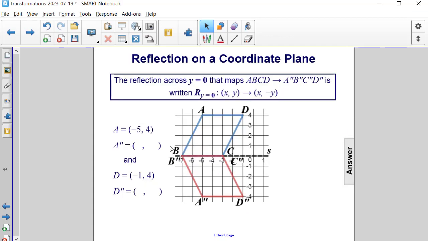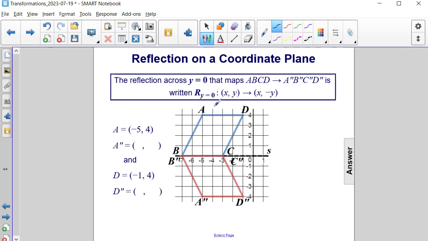As stated, points B and C are remaining at -7, 0 and -3, 0, respectively. So therefore their image points, which is B double prime and C double prime in this diagram, also have those same coordinates, -7, 0 and -3, 0.